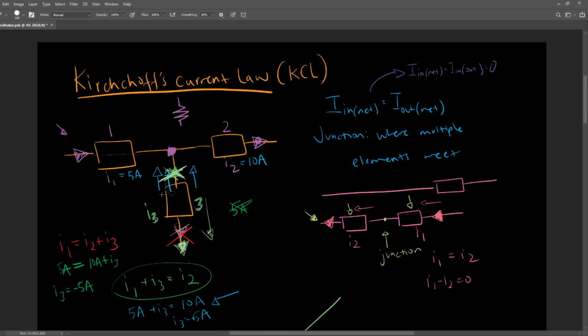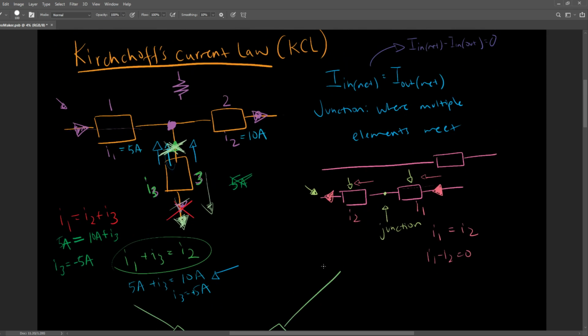And so the true direction never really changes. The negative really just means that current is actually flowing in the opposite direction. So I can say over here, negative current means that current is flowing opposite to our arrow.